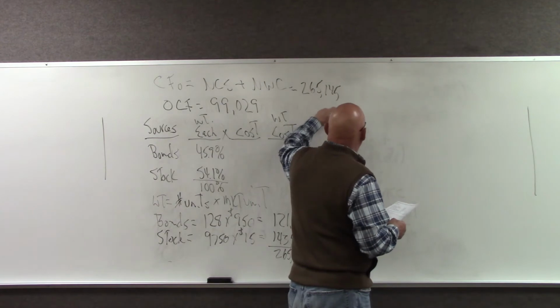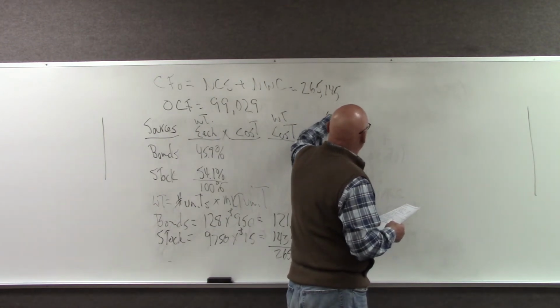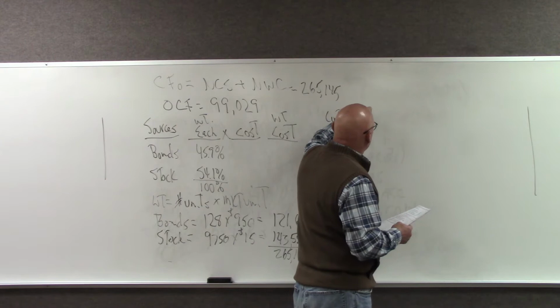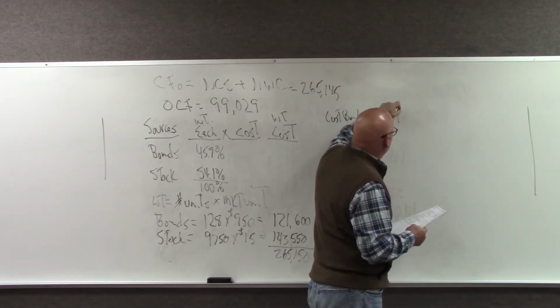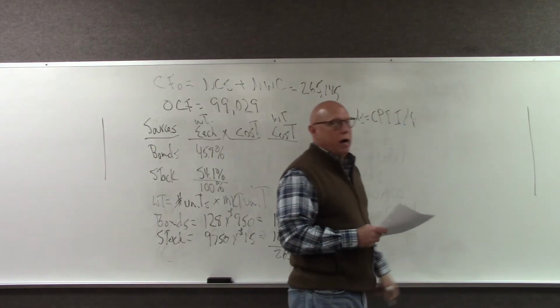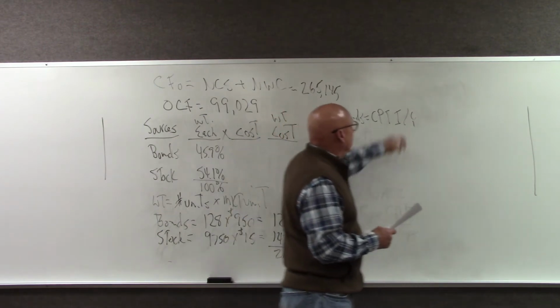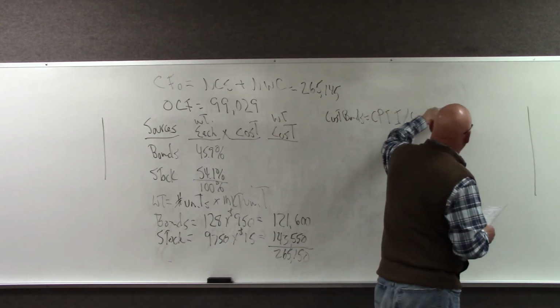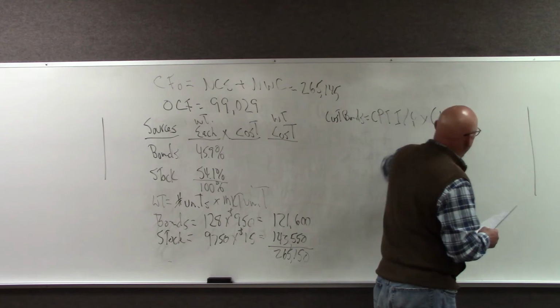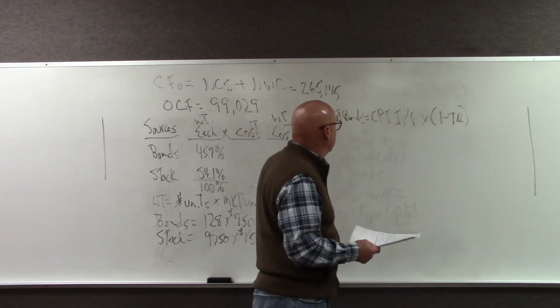The cost of bonds, compute IY. Compute IY, that's the cost. But then we have to multiply that times 1 minus the tax rate to get the after-tax cost of bonds.